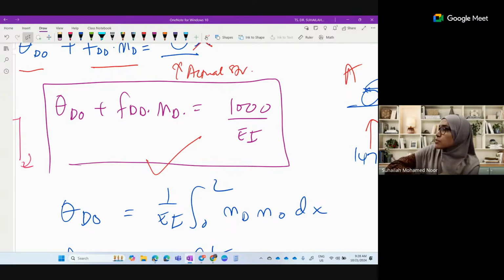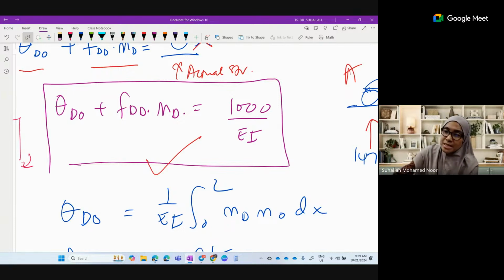Compatibility equation dalam tu semua displacement, right? So tadi saya kata compatibility equation is kita punya guide. Dalam compatibility equation dia ada all displacement. Okay, displacement apa yang ada kat situ? Theta d naught. Lagi FDD. So that's this displacement.